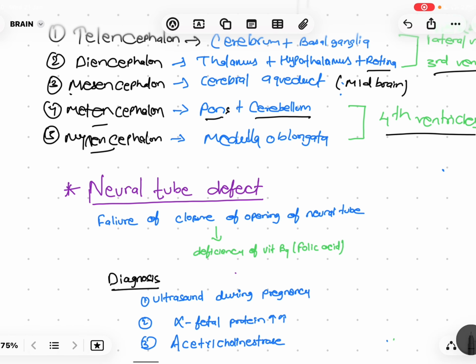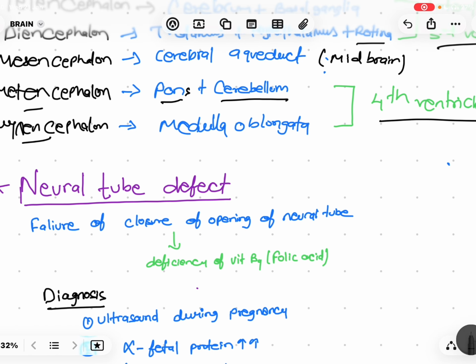Neural tube defect means failure of closure of the openings of the neural tube. Basically, it's because of deficiency of vitamin B, folic acid.